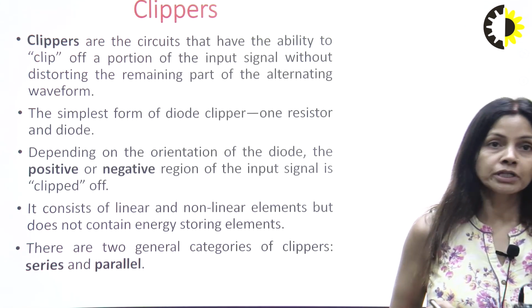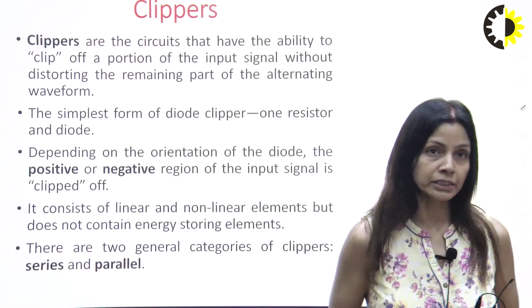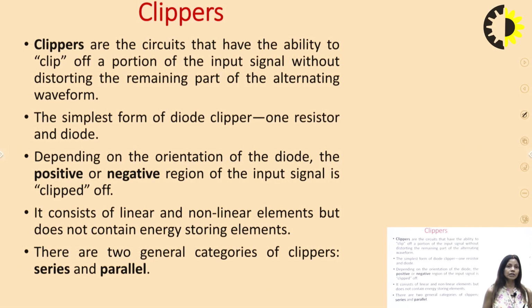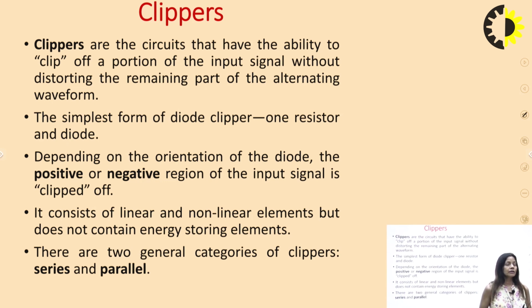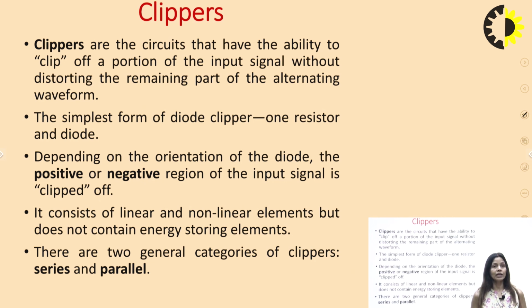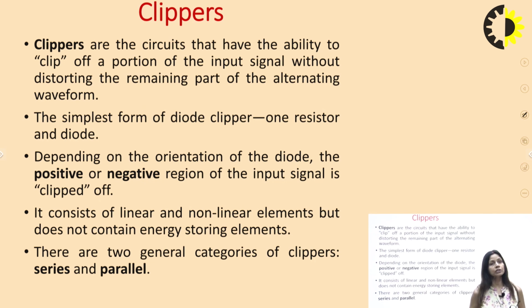We have to decide how to place the diode and which part of the waveform we need to clip. It consists of linear elements as well as non-linear elements, like the diode, which is a non-linear element. There are two general categories of clippers, as I mentioned: series clippers and parallel clippers.